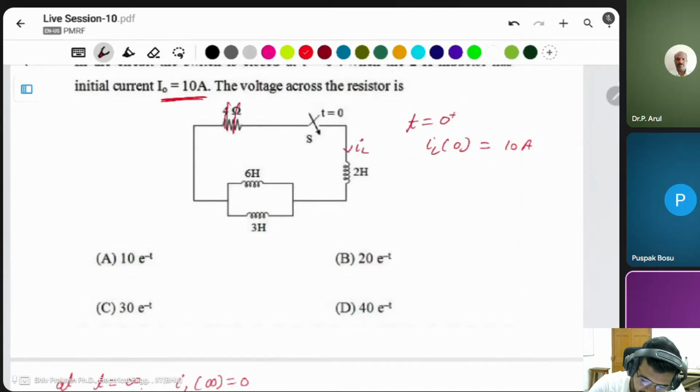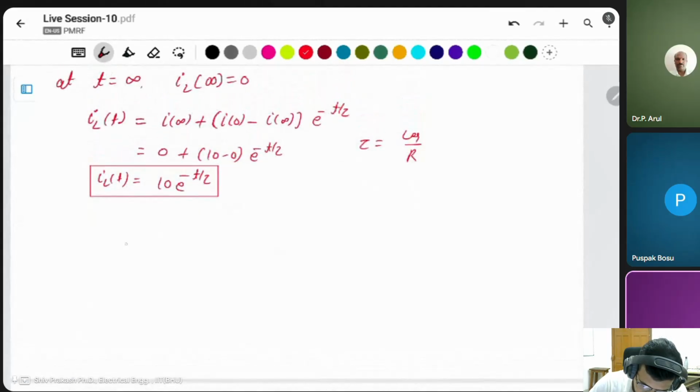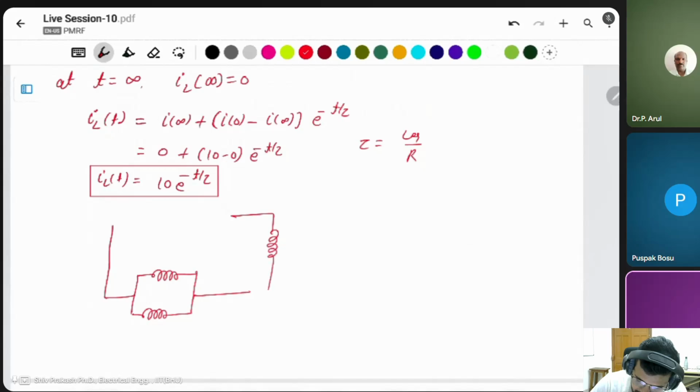Simply you can remove this resistor. You have to find the L equivalent here. This is 2 Henry, this is 6 Henry, this is 3 Henry. Then what is the total inductance?